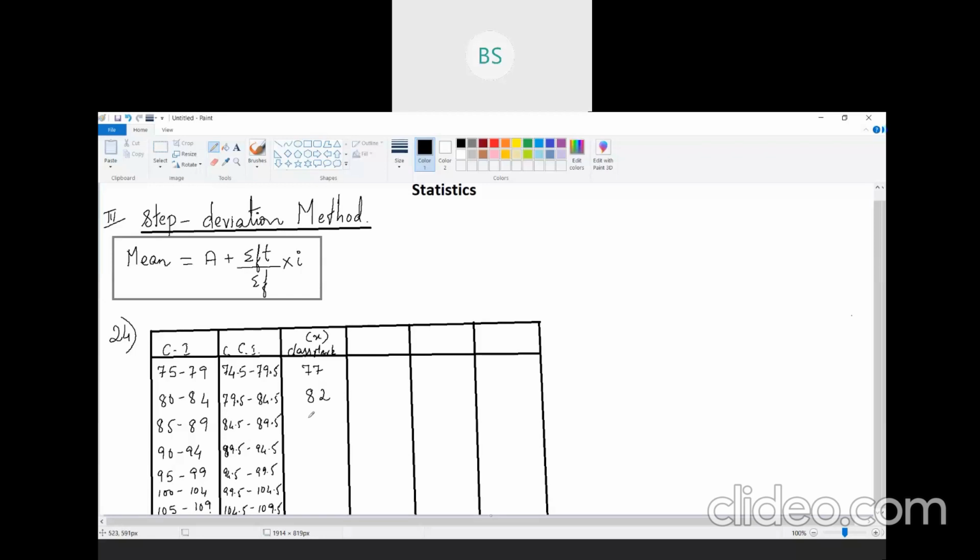Similarly, next it will be 87, then 92, 97, 102 and 107. These are the class marks we get. Okay, now I will write down the frequency given.